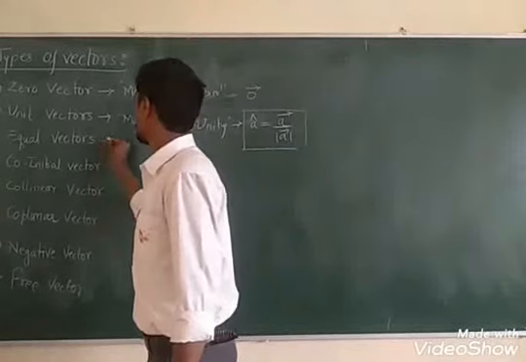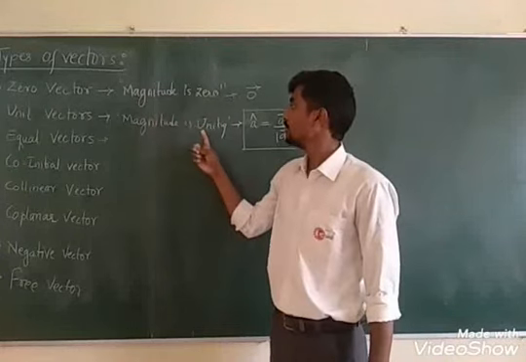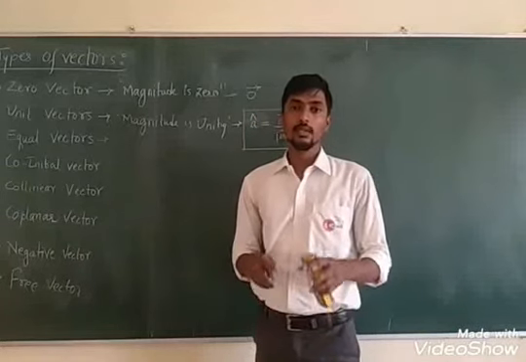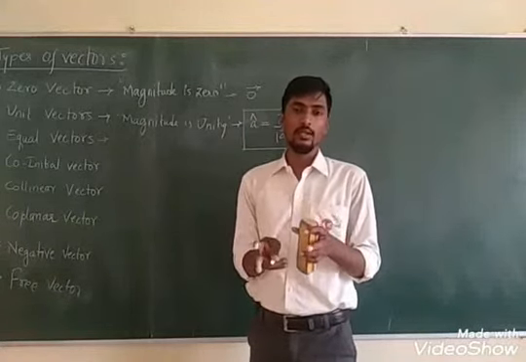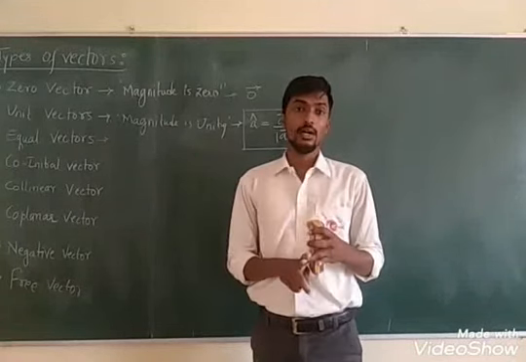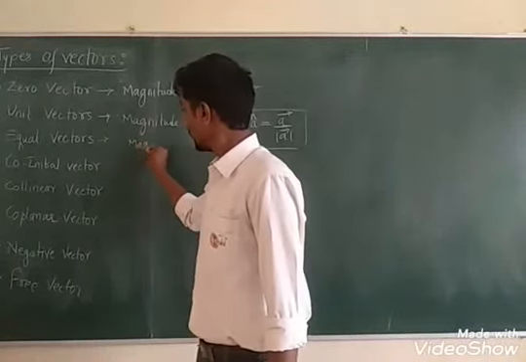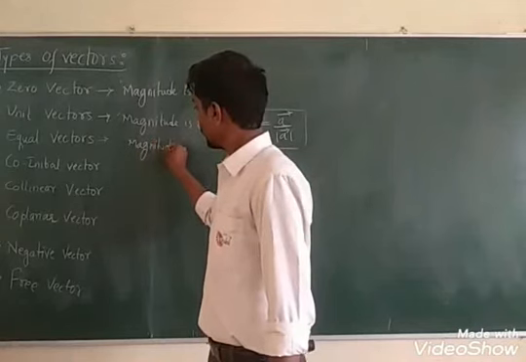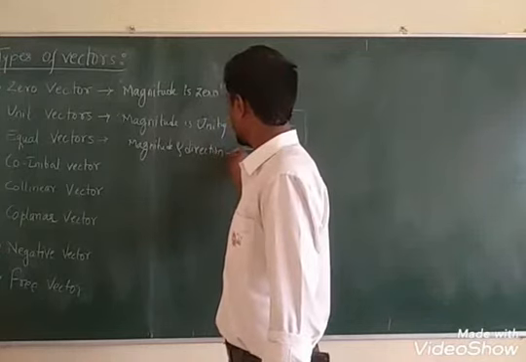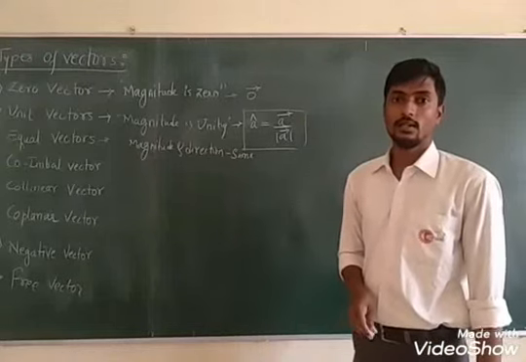Equal vectors. What do equal vectors mean? Here the magnitude is 0, there the magnitude is unity. Now, if any two vectors are said to be equal, then and only then their magnitude and direction must be the same.